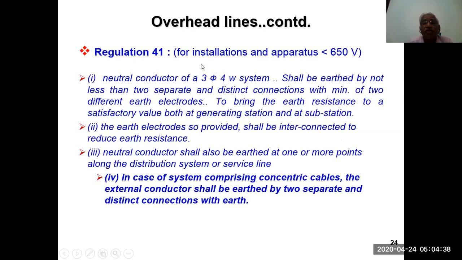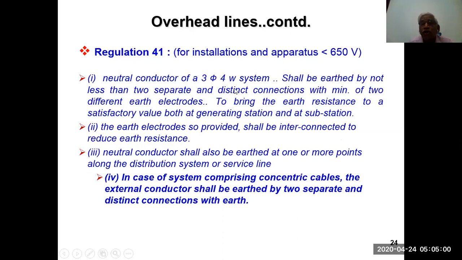Regulation 41: for installations and apparatus less than 650, the neutral conductor of a 3-phase 4-wire system shall be earthed by not less than 2 separate and distinct connections. See the wording: shall be earthed by not less than 2 separate and distinct connections.